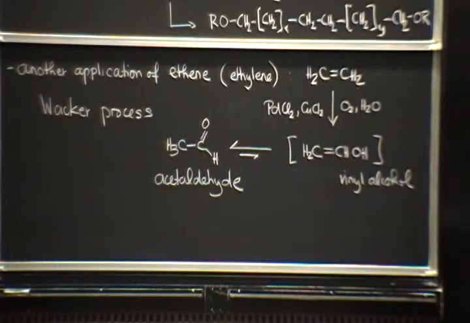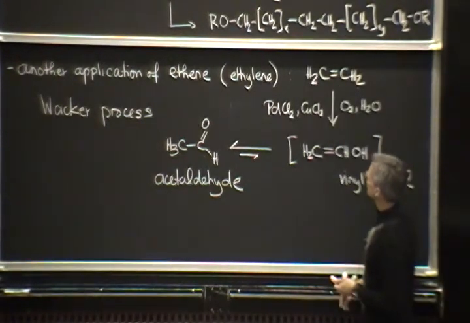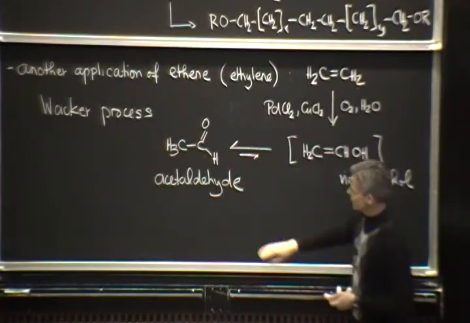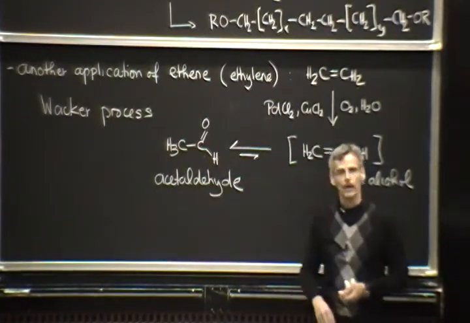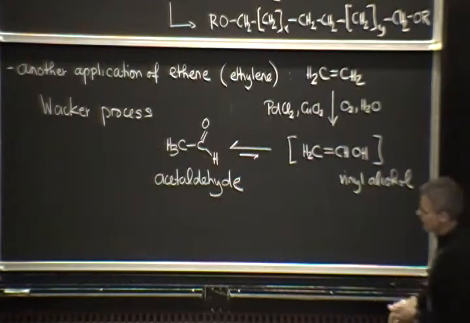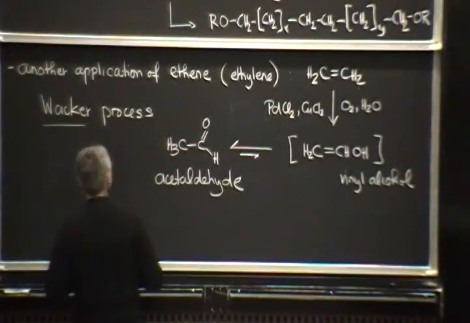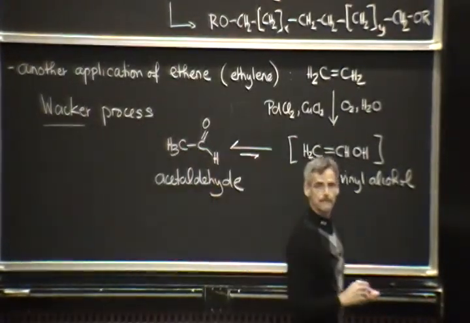So the Wacker process is industrially important because you take a cheaper building block, ethylene gas, and generate a more valuable building block such as acetaldehyde. And of course, you can expand that to a lot of different alkenes that are converted to the corresponding carbonyl functions using this type of reaction. So this is just one application of this industrially significant conversion reaction.